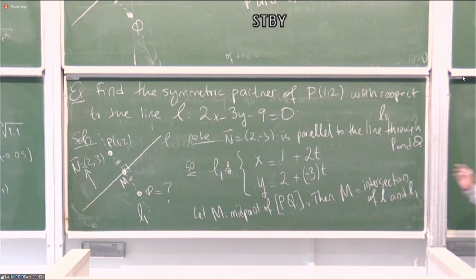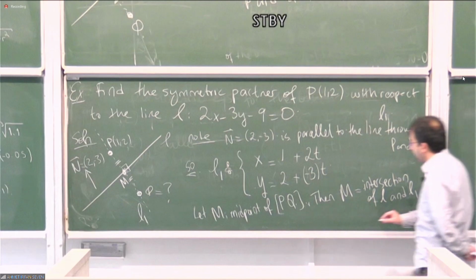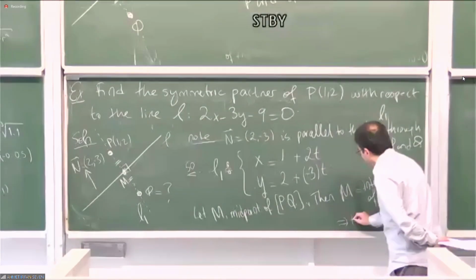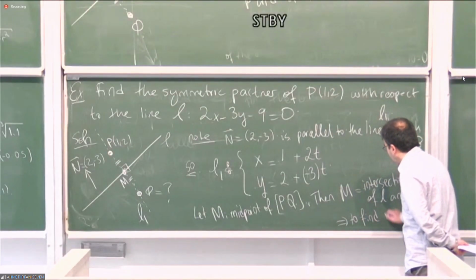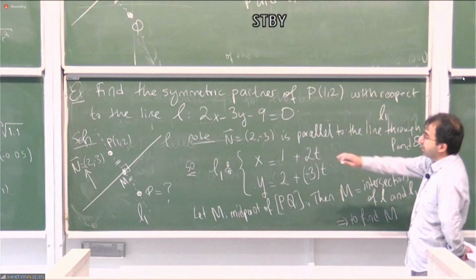So let's find M. How can I find the intersection of two lines?